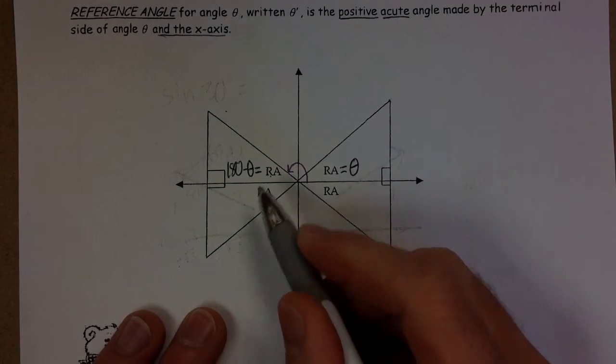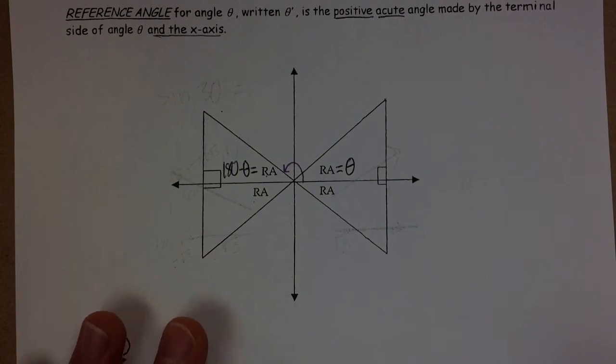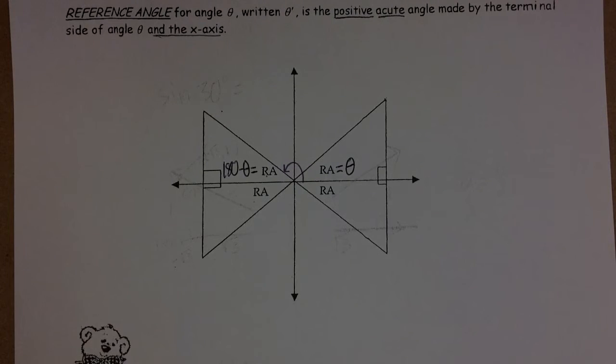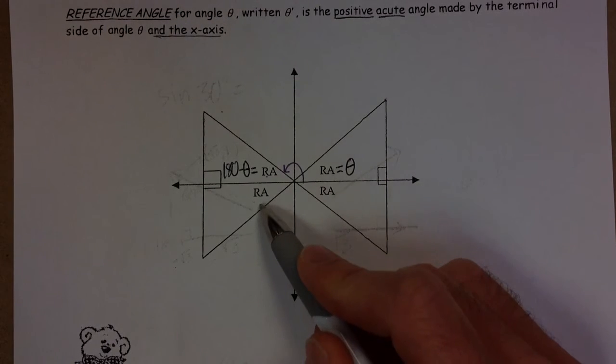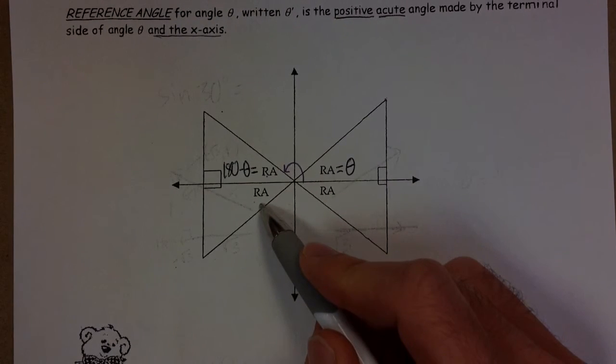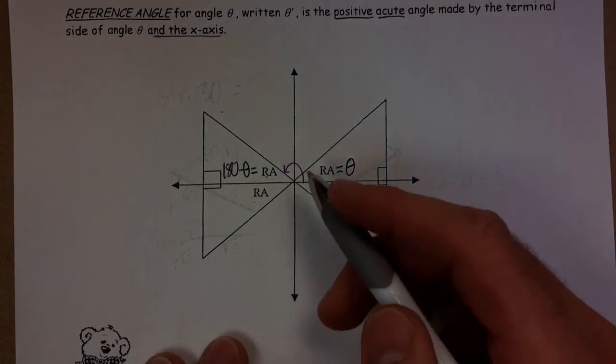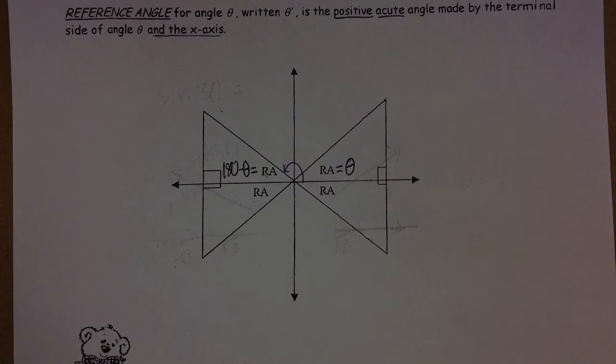Third quad. What do you think? How do you think you'll find the reference angle if it's in the third quadrant? 210? We don't know it's going to be 210. All we are given is an angle theta, and we want to find the reference angle from it. Not negative theta. So I'll guide you some.